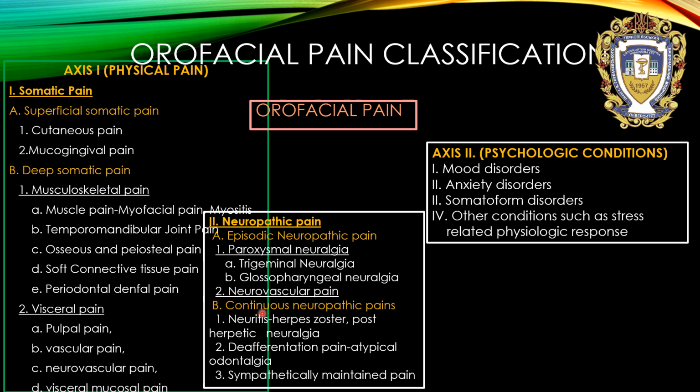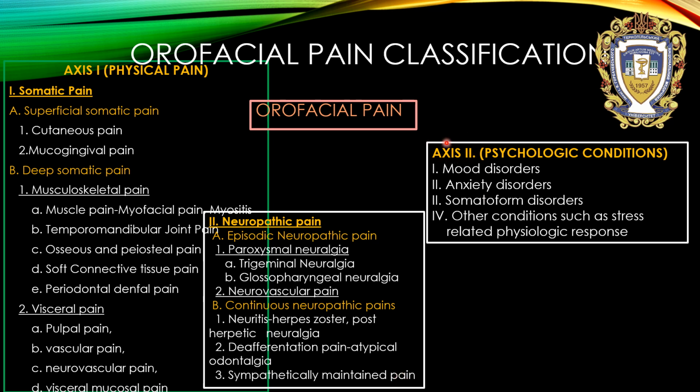And group B, continuous neuropathic pain. It can be neuritis, herpes zoster, post-herpetic neuralgia, deafferentation pain, atypical odontalgia, and sympathetically maintained pain.